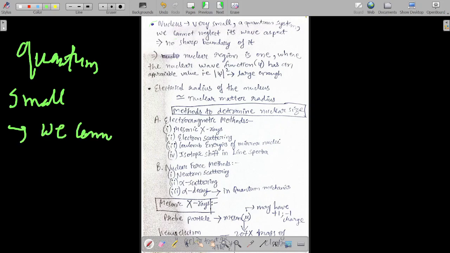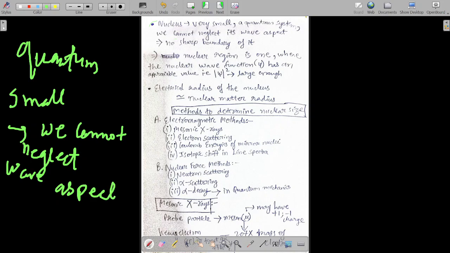Whenever the system is small, that means a microscopic system, we cannot neglect the wave aspect. And what about a macroscopic system?